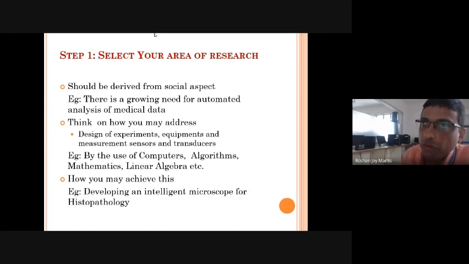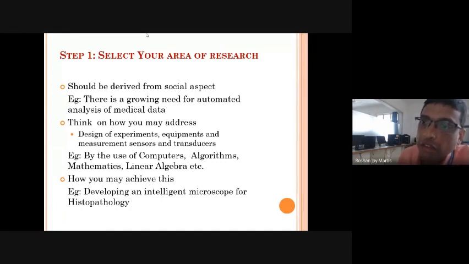That part of the tissue is made into a slide, and that slide is kept under the electron microscope, and from there the histopathologist will understand what is going on and what is wrong with those cells, and whether there is cancer or not. So in histopathology, he has to go through the slides manually, and he has to give his inference. It takes a lot of time.